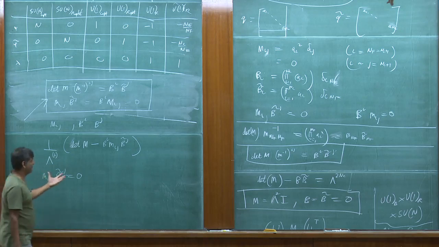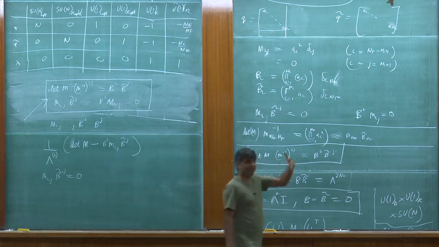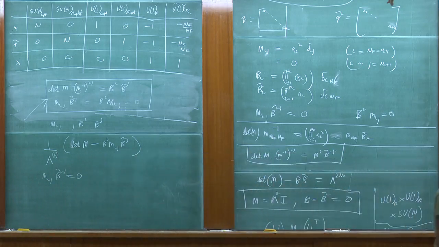So F_B will be the derivative of the superpotential with respect to B, and therefore will be M_ij B tilde j, and in a supersymmetric vacuum we need F is equal to 0, so this must vanish on the vacuum. Is this clear?